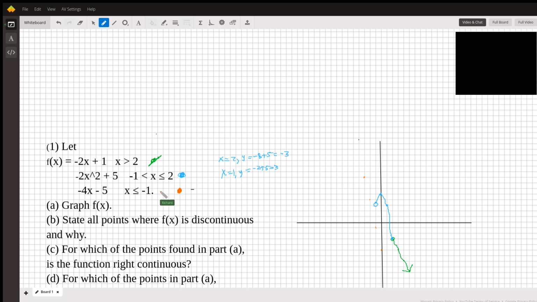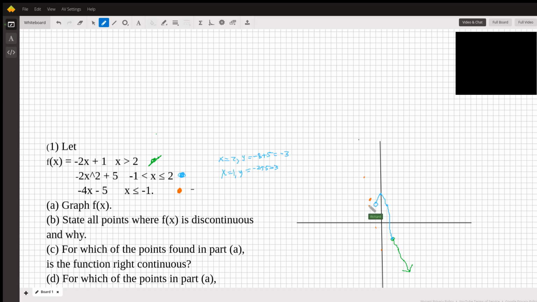This is only defined when x is less than or equal to -1. So that means, because of the equal sign, it's going to have a dot here. And I want to double check this. When x is -2, this is 8 minus 4. Yeah, that's wrong, isn't it?